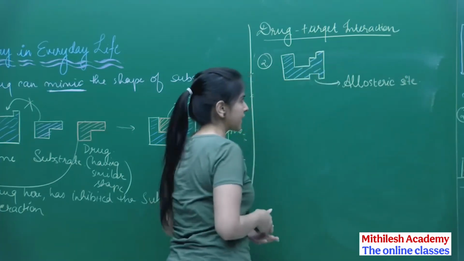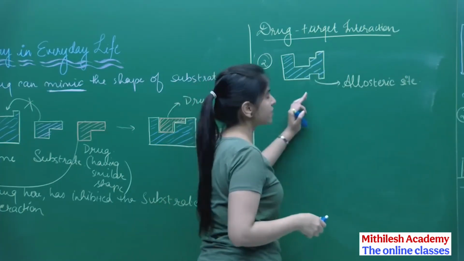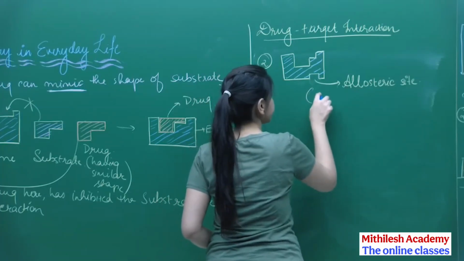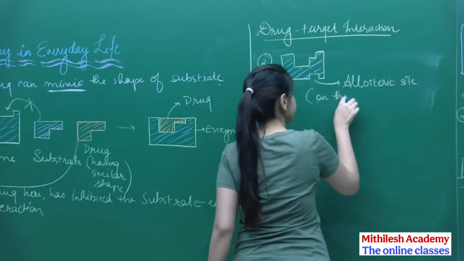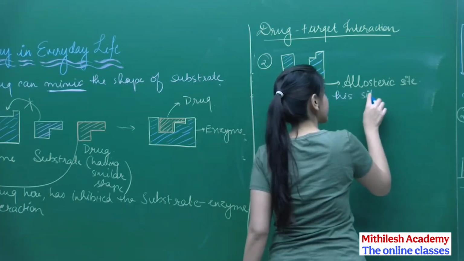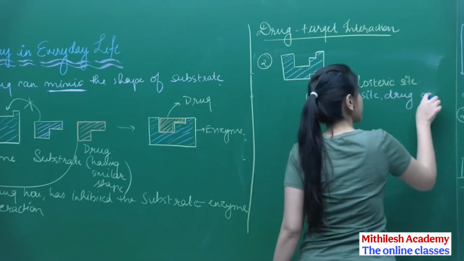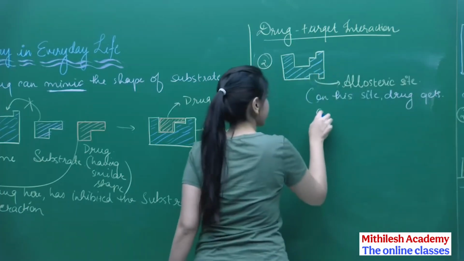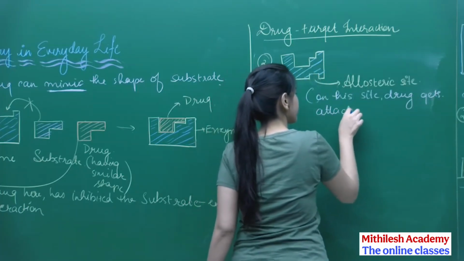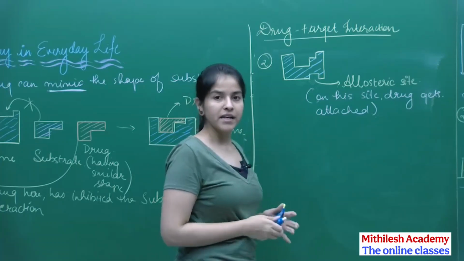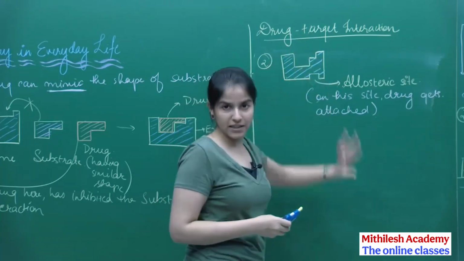It's a different site. Here what happens is the drug gets attached onto this site. So whenever the drug gets attached over here, it changes the shape of the active site.